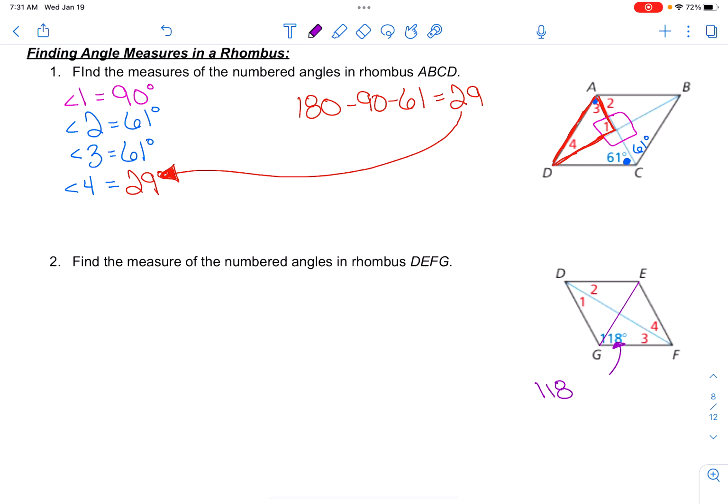So we would do 118 divided by 2, and that would give us 59. So when this diagonal bisected that angle, it made these two little pieces here 59.